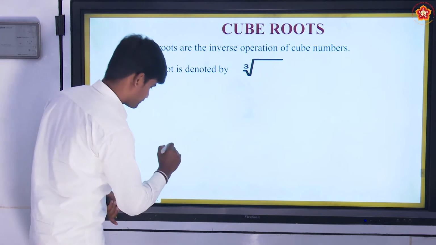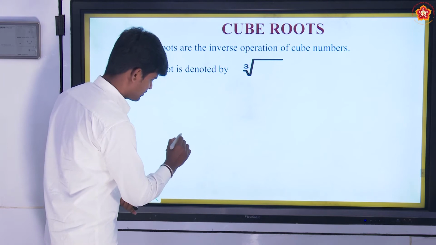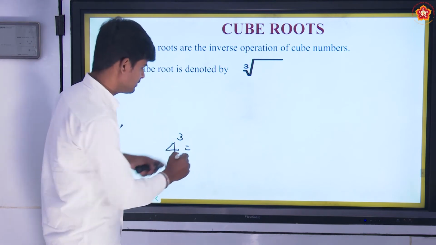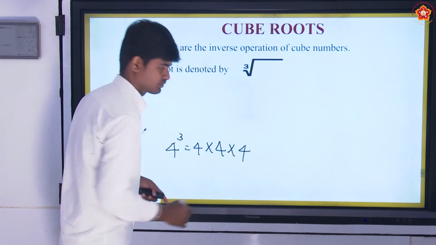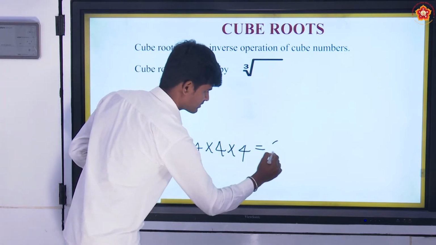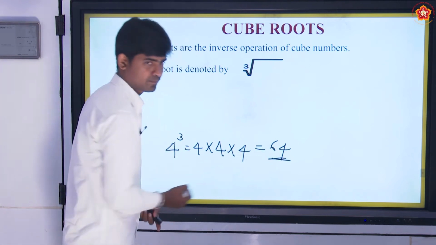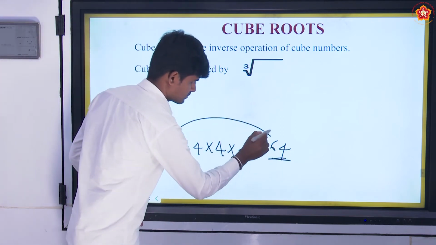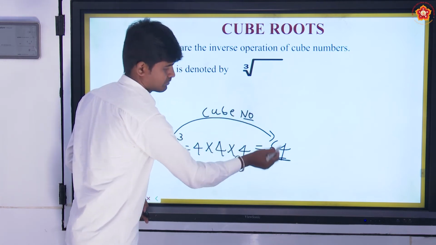For example, 4 cubed means we multiply 3 times: 4 into 4 into 4 is equal to 64. This is the cube number obtained.